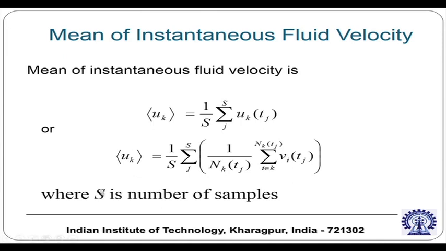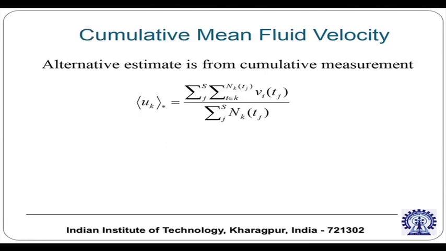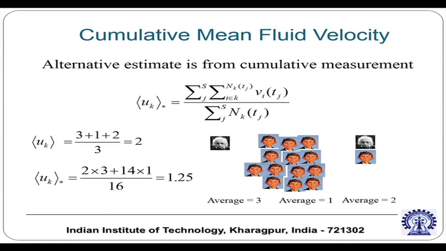So if you have S number of samples, then this is a sample average, which is basically the semester wise type of average. Then you can have an alternative estimate of average from cumulative measurement, that is the total number of student based average. The sample average is 3 plus 1 plus 2 divided by 3, we are coming back to the same example, and the cumulative measurement based average is 1.25.